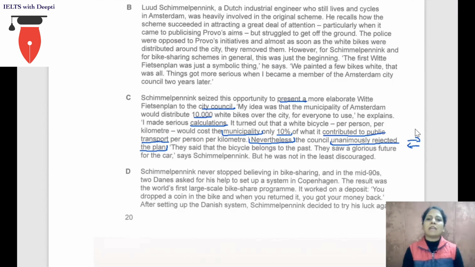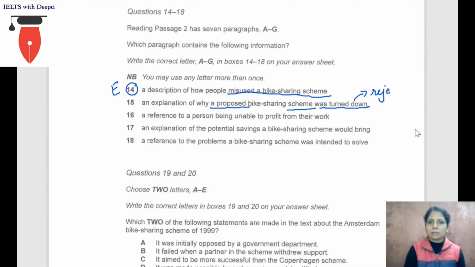Unanimously means that everybody who was there in the team disagreed with the plan, and so it was rejected. So when you look at question number 15, the answer lies here where a plan was rejected. Okay, I'll go back to 15 and check. And yes, so it was a proposed scheme that was turned down. Turned down, in other words, would mean rejected.